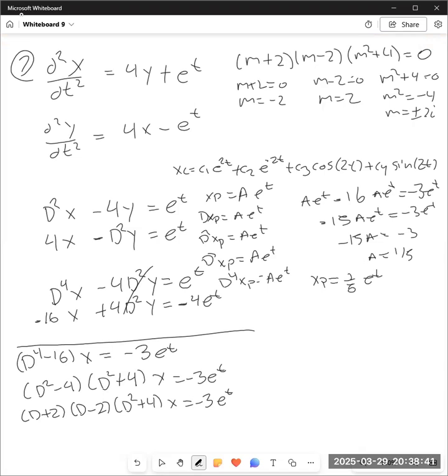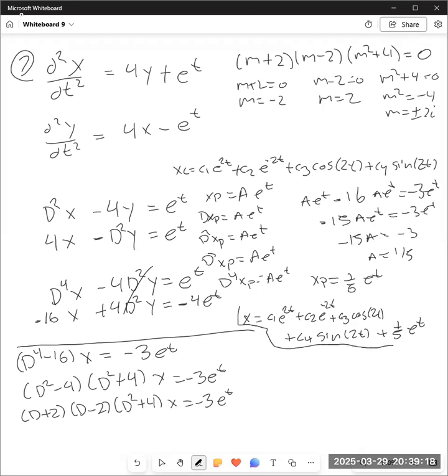That makes my x equal to C1 e to the 2t plus C2 e to the negative 2t plus C3 cosine of 2t plus C4 sine of 2t plus 1/5 e to the t.